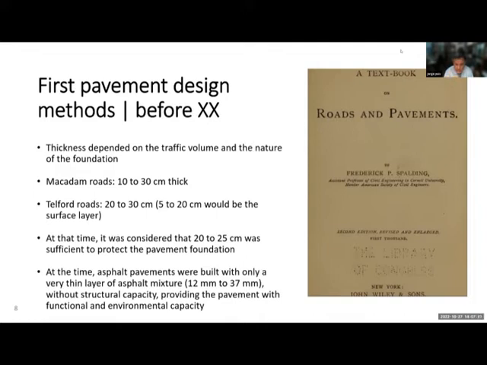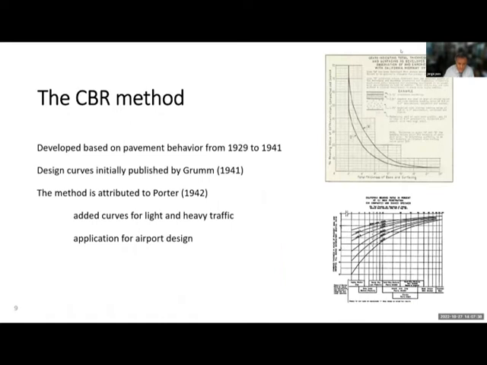This asphalt layer was only to protect the surface of the pavement and to provide functional quality without any structural capacity. So that was the beginning of the science of road pavements.